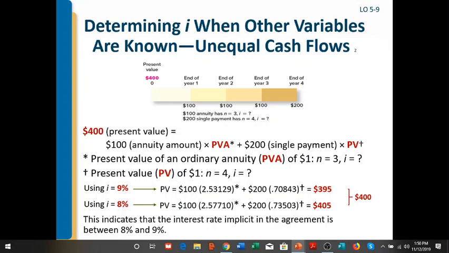The easy part is the $200, where you would go to your present value of $1 table. Let me see, I'm trying to figure out how they did this.